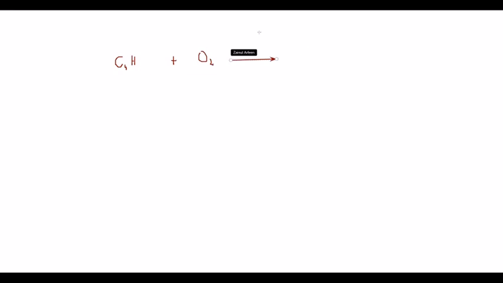It gives carbon dioxide plus water, H2O. So C4H10 burned in the presence of oxygen gives CO2 plus H2O. In a combustion equation, we always start balancing with carbon, followed by hydrogen, and at the last oxygen. How many carbons on my left hand side? 4. So I should put 4, so carbon is balanced.